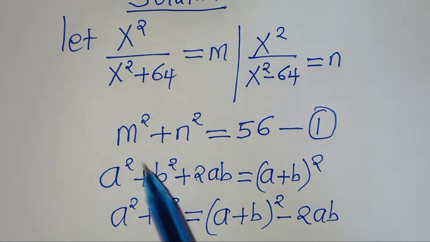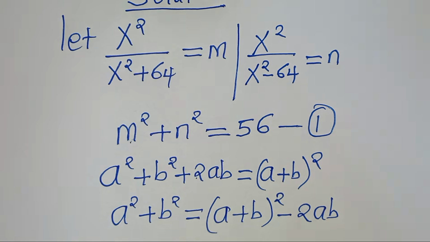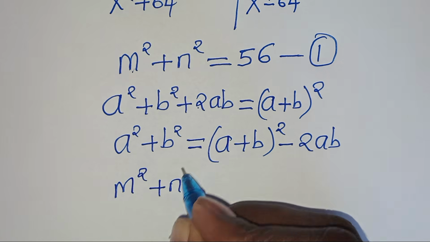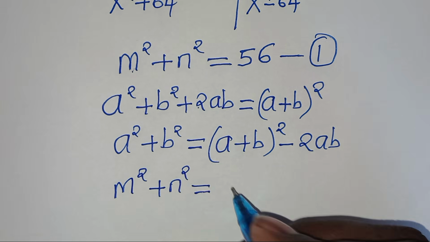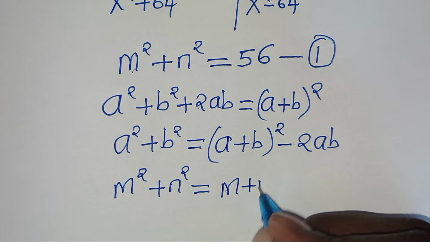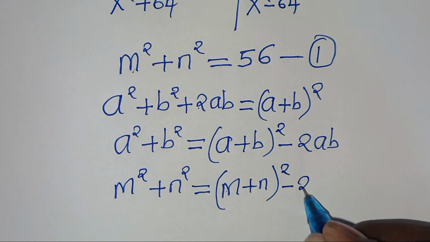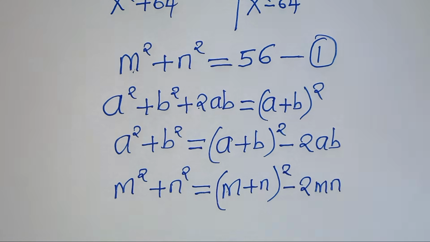In the same case, m squared plus n squared can be expressed as (m plus n) raised to the power of 2, subtract 2mn.